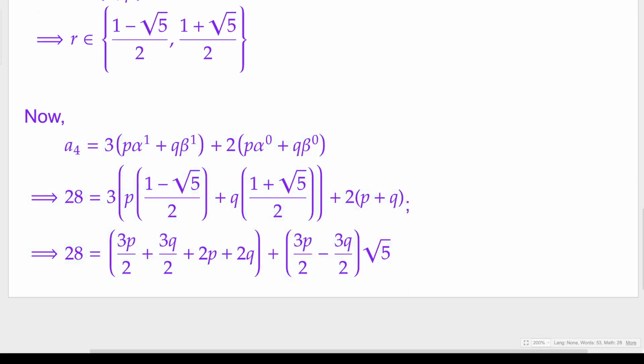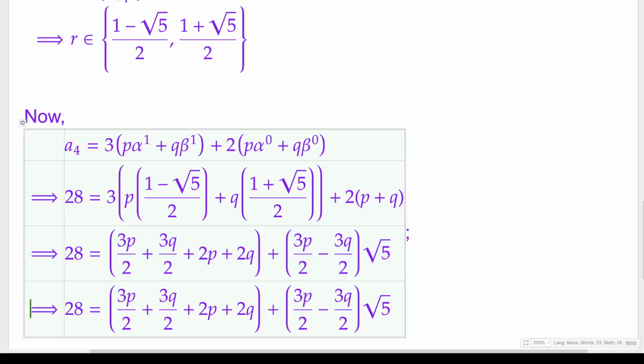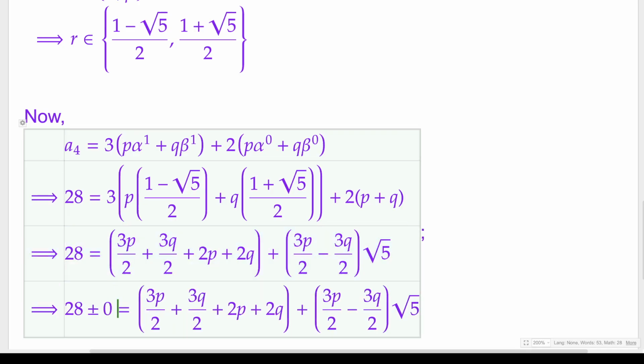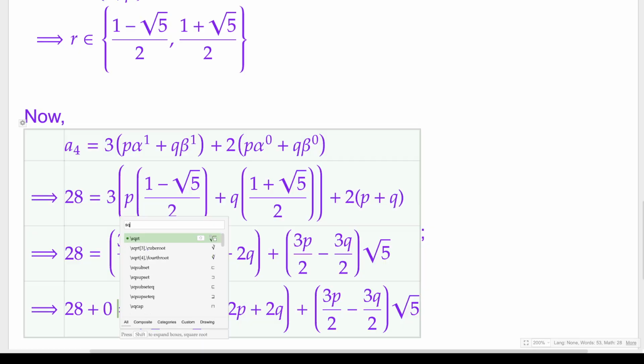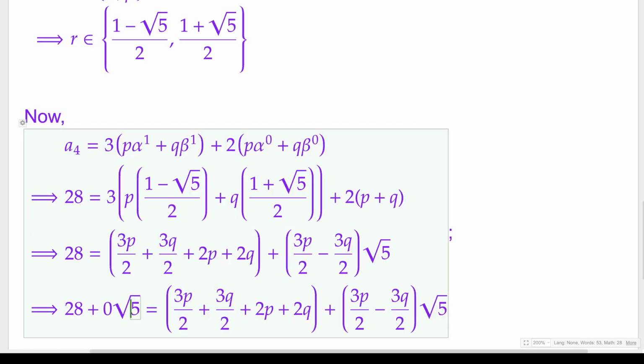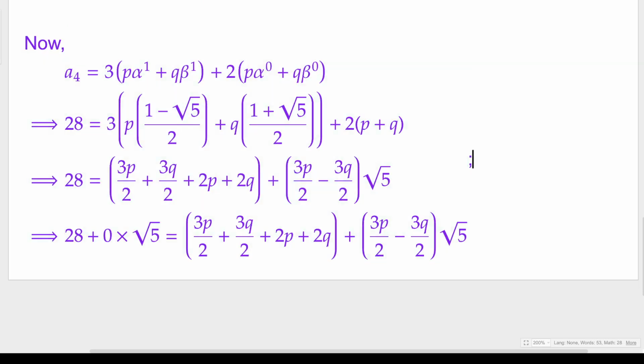So finally we can say that this 28, if I replicate it in the next step, I will be writing this one as 28 plus 0 times square root of 5 is equal to this.